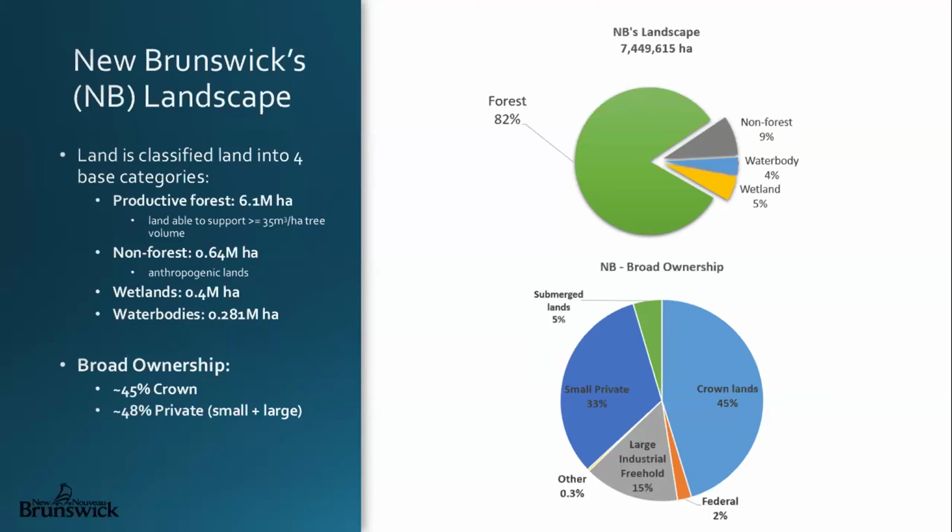It's more or less a 50-50 split between Crown lands and private. Most of the landowners in the province rely on our department for forest inventory, and specifically for Crown lands, we do a forest management plan every 5 years. So forest inventory becomes quite important when we're dealing with those types of things.